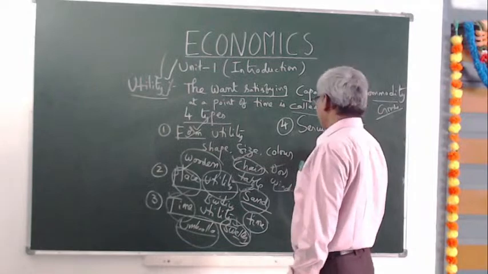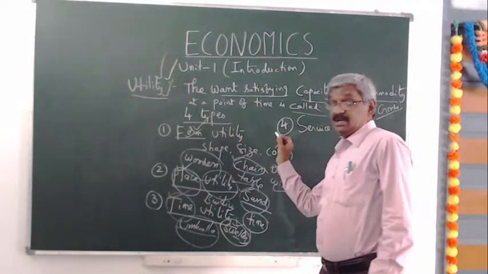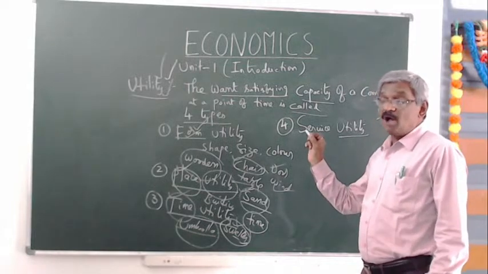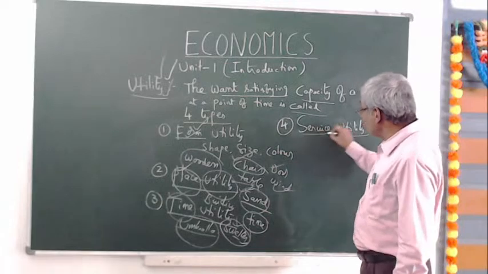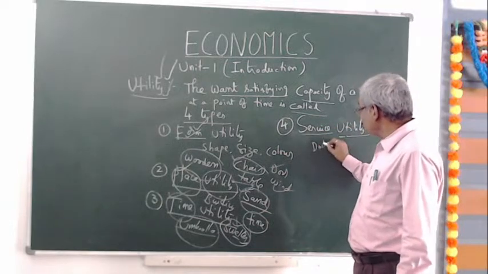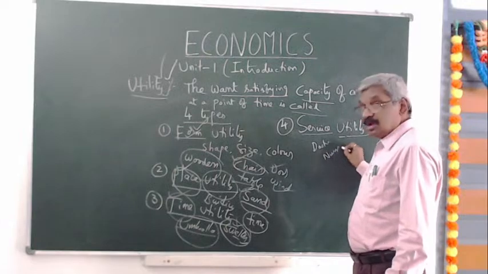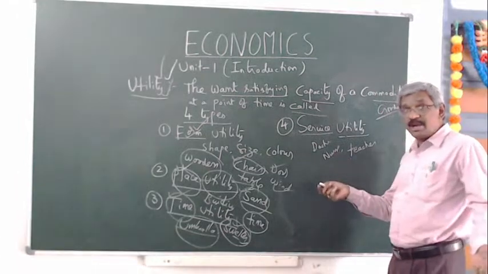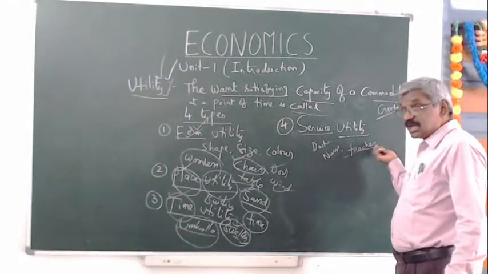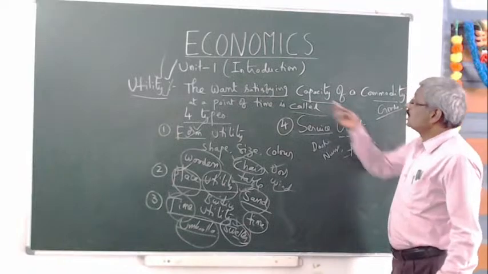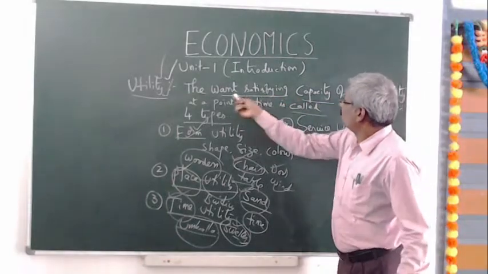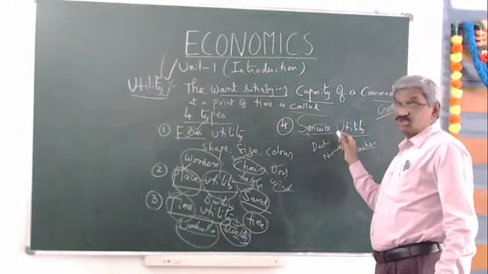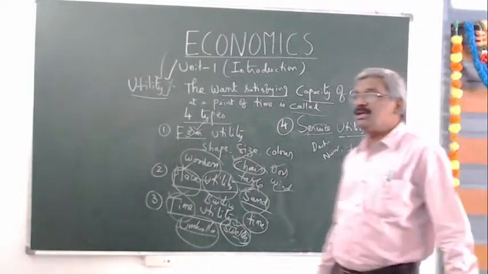In terms of service, the capacity of a commodity to satisfy human wants through services, like a doctor's services, a nurse's services, or a teacher's services, a teacher teaching the students, that is a service. This service utility, the satisfaction of human want through the service level, is called service utility.